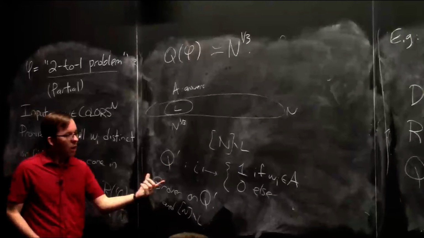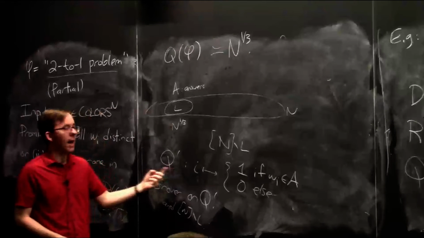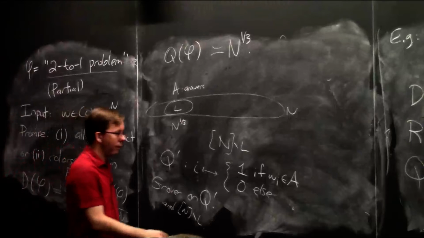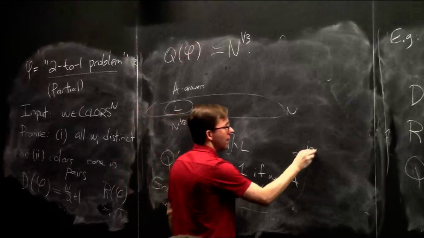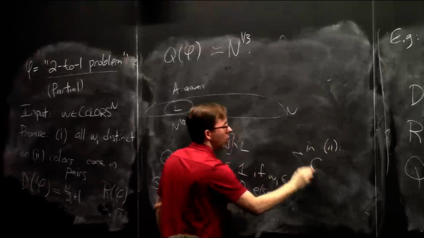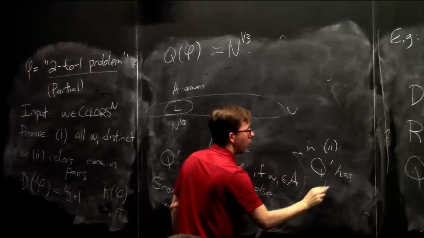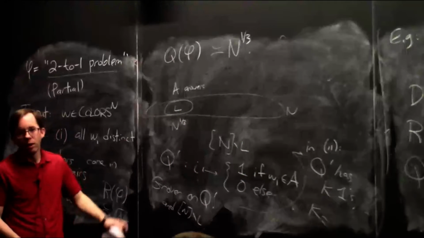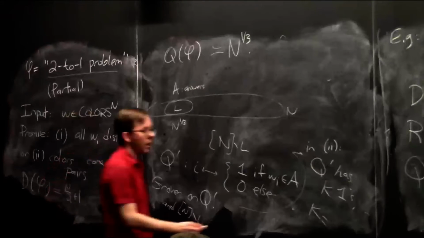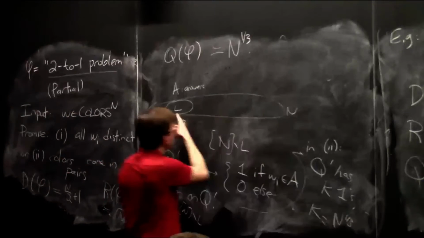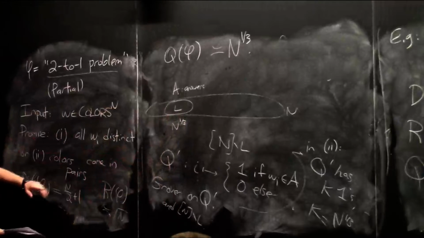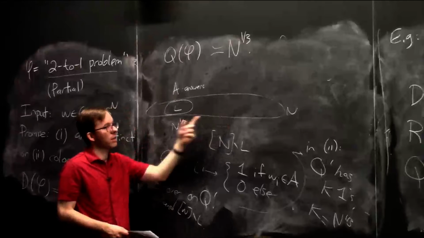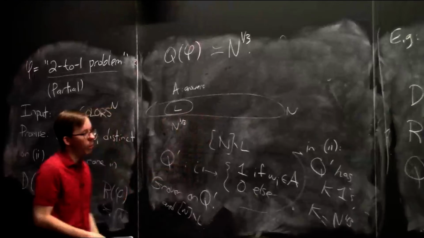In fact, how many 1s will Q prime have in this case? In case 2, Q prime has k 1s, where k is n to the 1/3, because all of these colors are distinct, but they all have a mate in case 2, somewhere in here. So there's actually n to the 1/3 positions out here where it would return 1.